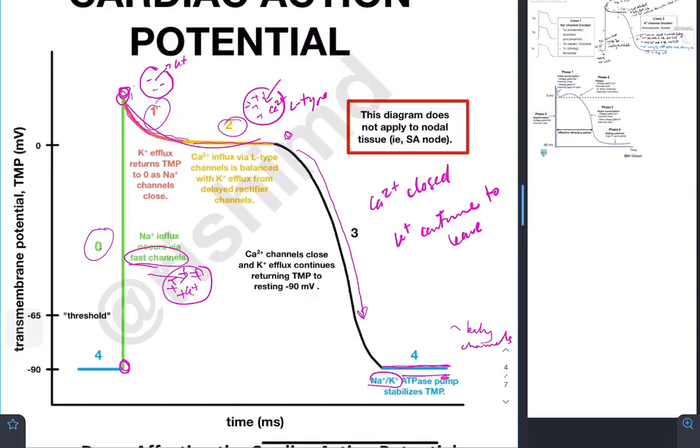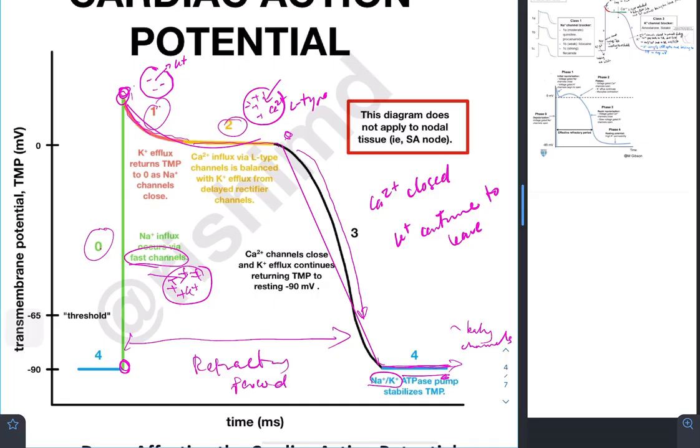But then potassium continues to leak out again, so the membrane potential continues dropping, and finally is stabilized by the sodium-potassium ATPase pumps until the next cycle begins again. This period is also called the refractory period, and it means at this period there is no action at all.